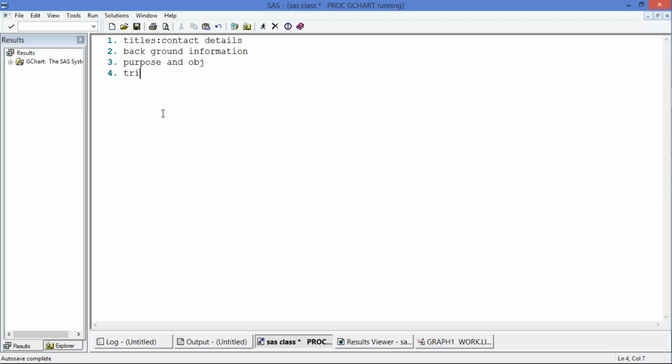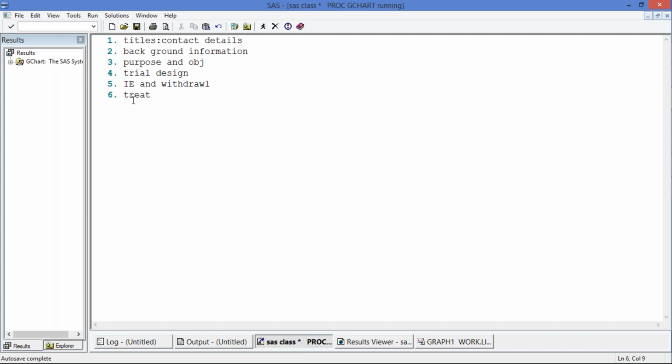Explain the trial design, how we follow the trial. Fifth one, eligibility criteria: inclusion, exclusion, and withdrawal criteria also they will give. Sixth one, treatment of the subjects.